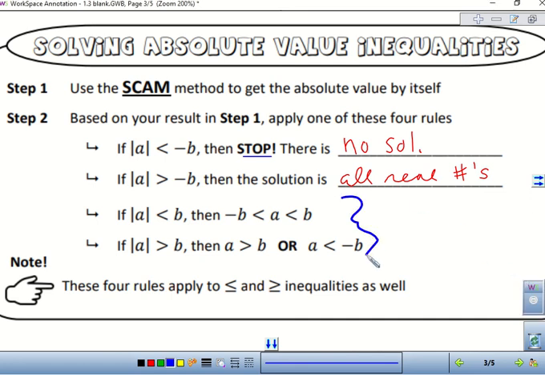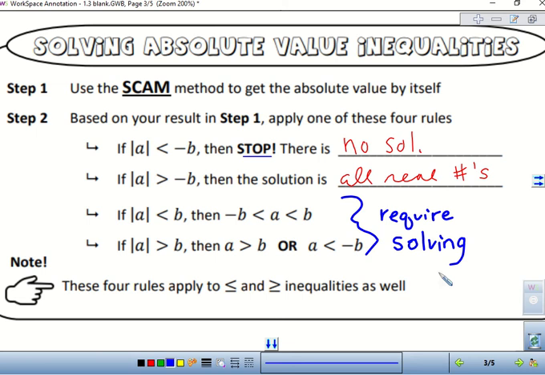The third and the fourth situations require solving, okay? The third and fourth step require solving. So before we go ahead and try to apply any of these rules, let me talk you through the process. It says all real numbers for the second one, and the first one says no solution.